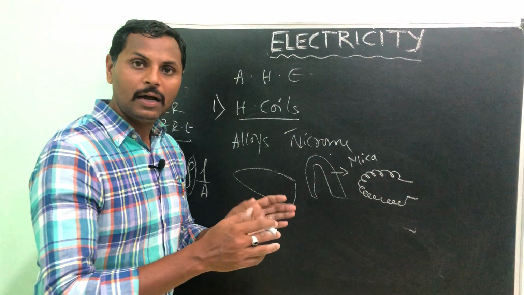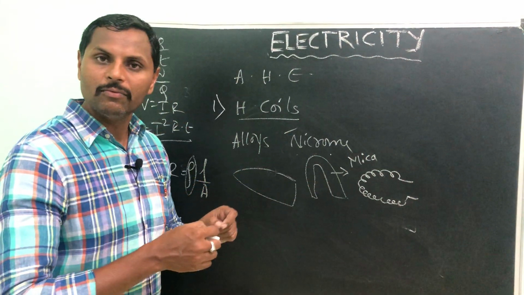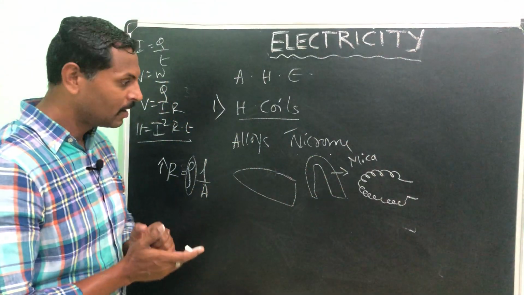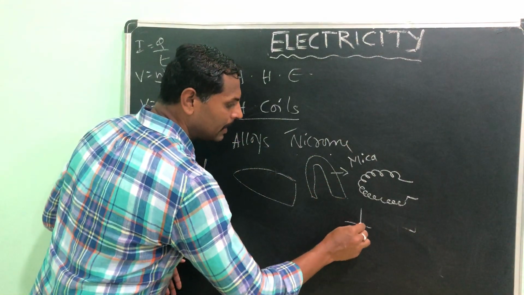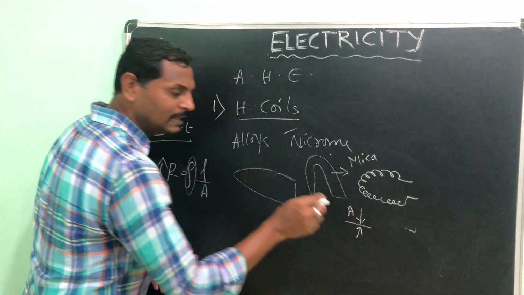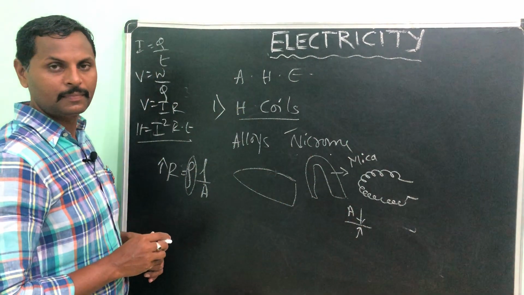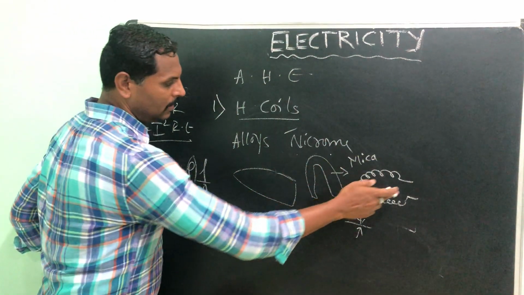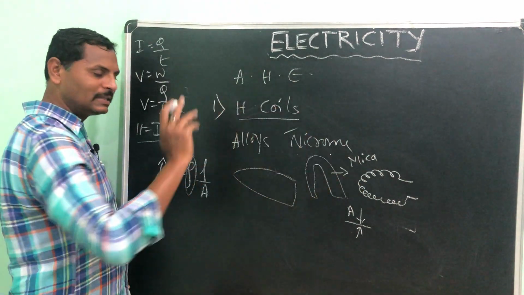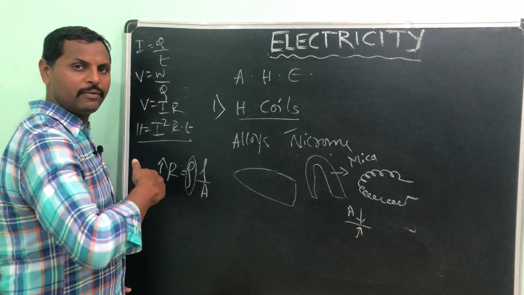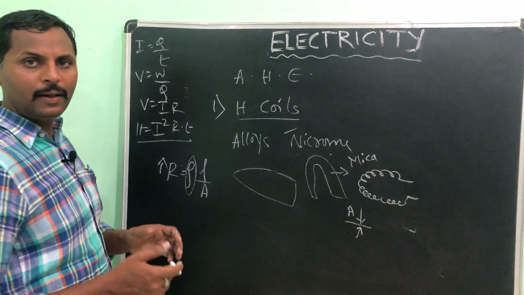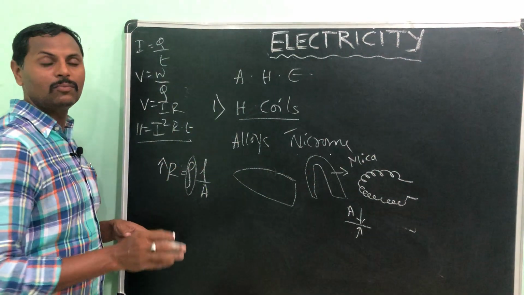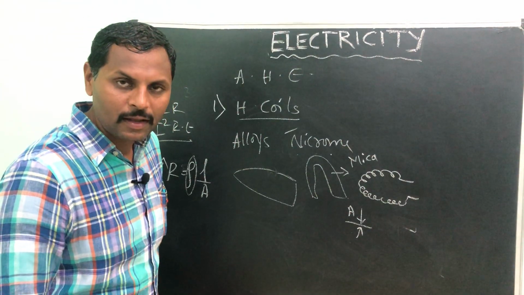So here a long wire is coiled to keep it in a smaller dimension, and you can see the area of cross section is minimized. Like this, a total coil is taken, and it shows more resistance, having more resistivity, more length, and less area of cross section, so that more will be the resistance, more will be the heat.